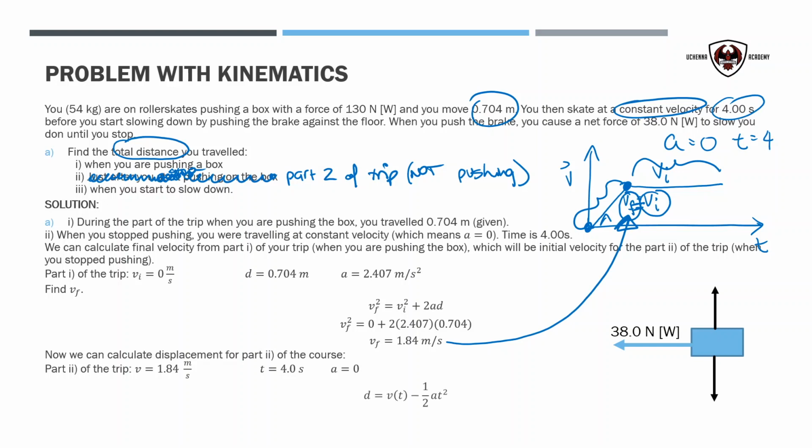We can figure out our displacement, that's really what we're looking for, and it's velocity times time minus 1/2 at squared. The acceleration is 0, so this kind of simplifies the equation into velocity times time, and that's nothing more than 1.84 times 4. So that's how much distance I've traveled during the second part of the course.